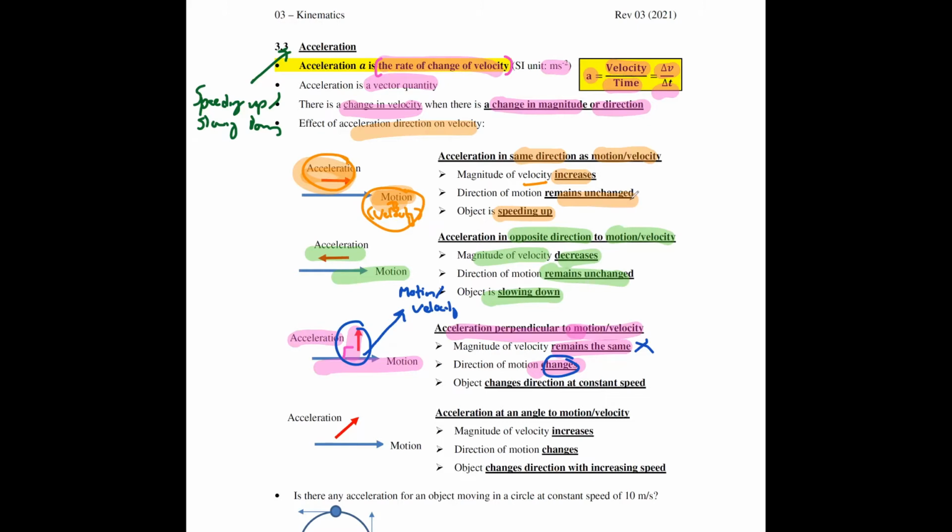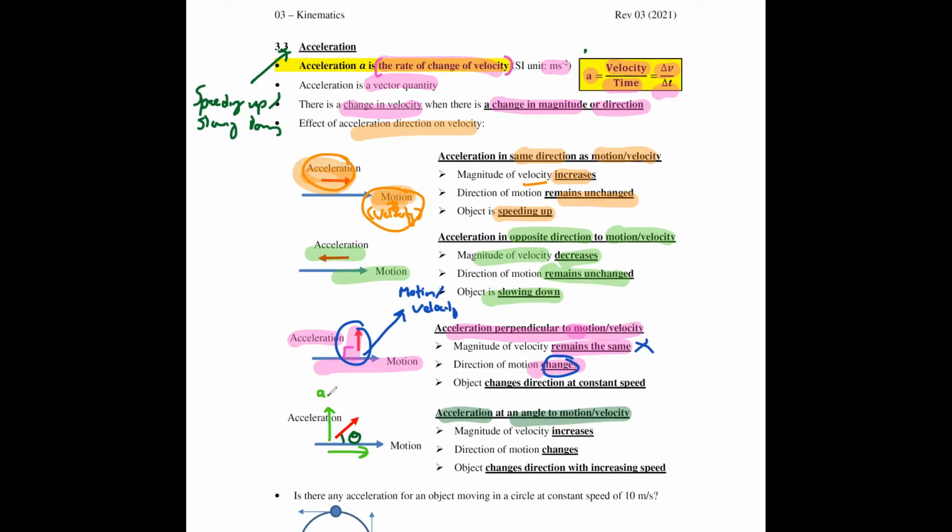Now, the last one will be if your acceleration is at an angle to your motion or velocity, meaning to say it is something like this. Okay. Now, if your acceleration is at an angle to your motion and velocity, you can consider that your acceleration here can be resolved into two components.